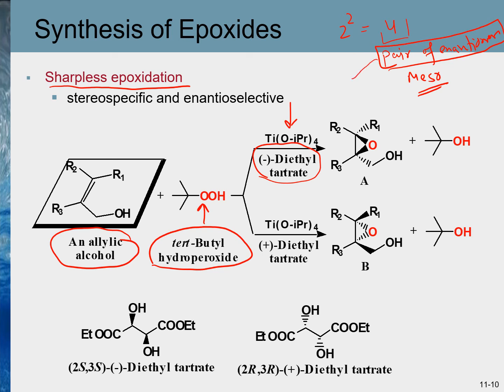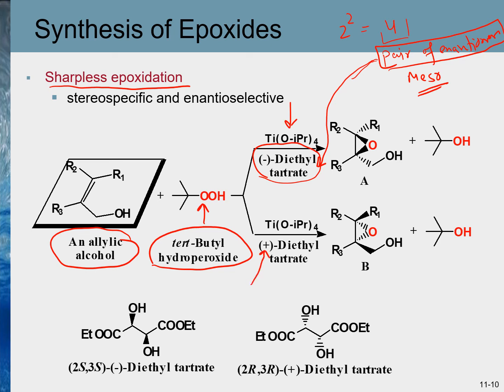This pair of enantiomers is used as a catalyst in this reaction. We use either one of those enantiomers. We can either use negative diethyl tartrate, or we can use positive diethyl tartrate.